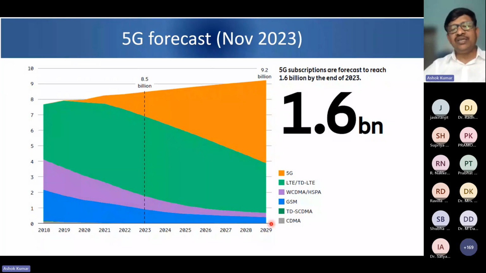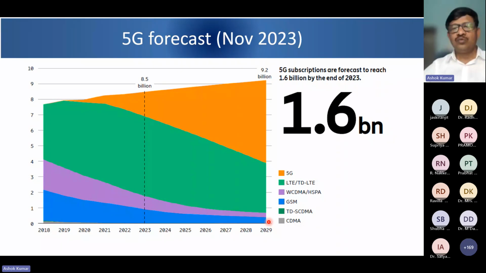By 2029, we see that 5G will reach more than 5.5 billion, 550 crore, and 4G will be just 3.5 billion, 350 crore. And 3G will be a very small number, and 2G will still exist with about half a billion.